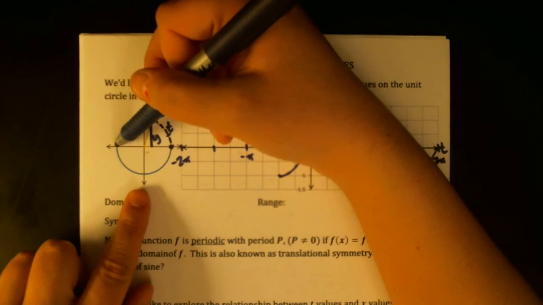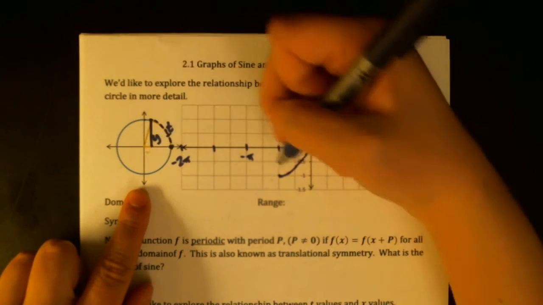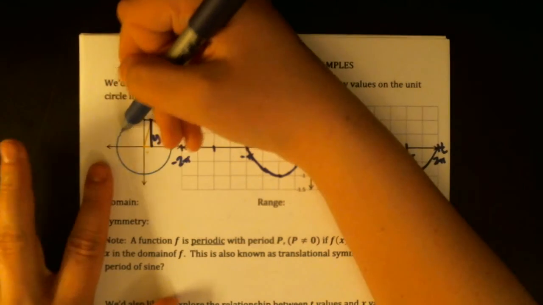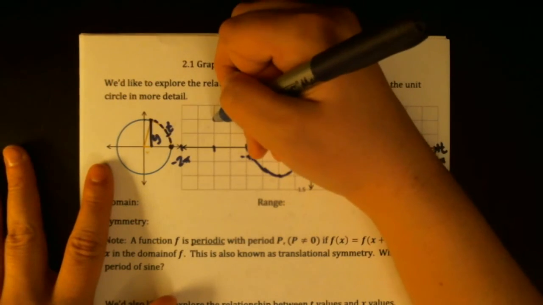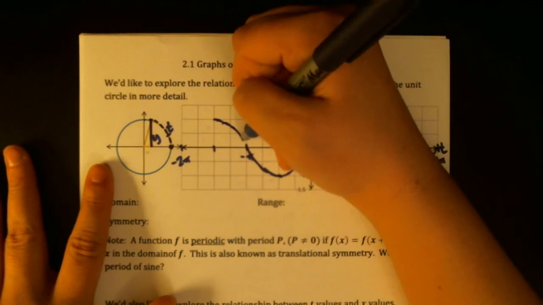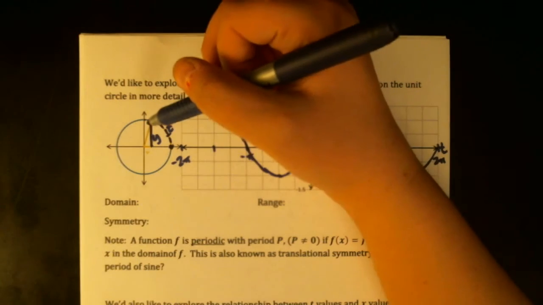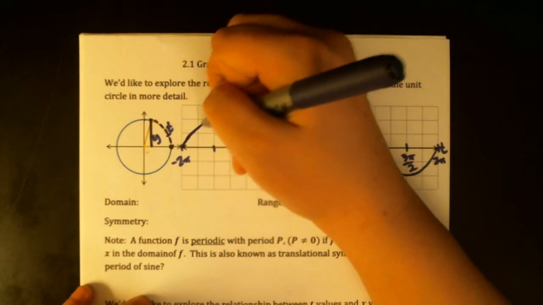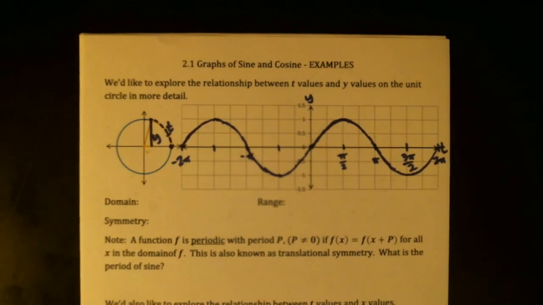From negative pi over 2 to negative pi, our y's go back up to 0. From negative pi to negative 3 pi over 2, they go back up to 1. And from negative 3 pi over 2 to negative 2 pi, they go back down to 0. Okay, so there's part of the sine wave. It's going to continue this exact same pattern over and over again as you go around and around the circle, either direction.